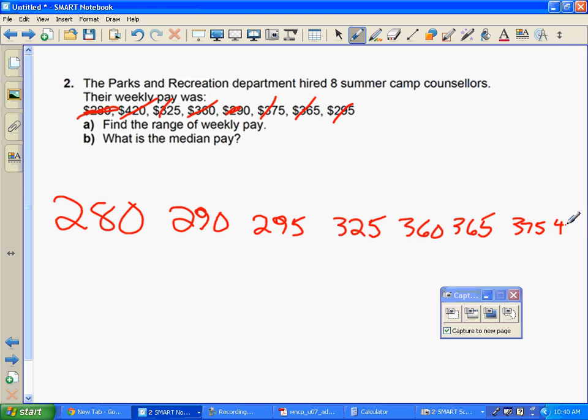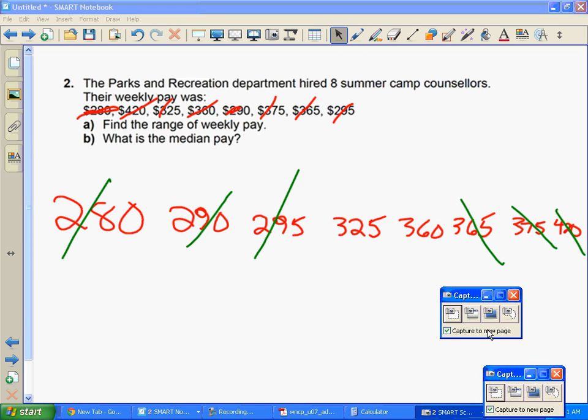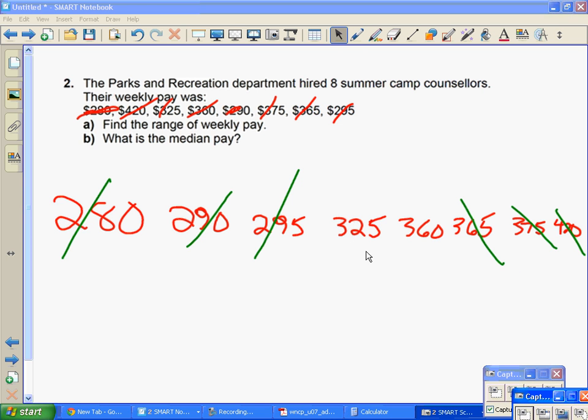Now in order to find the middle number, all you have to do is cross one off on each side at the same time. So gone, gone, gone, gone, gone, gone. And in this case, we have two numbers that end up in the middle, 325 and 360.